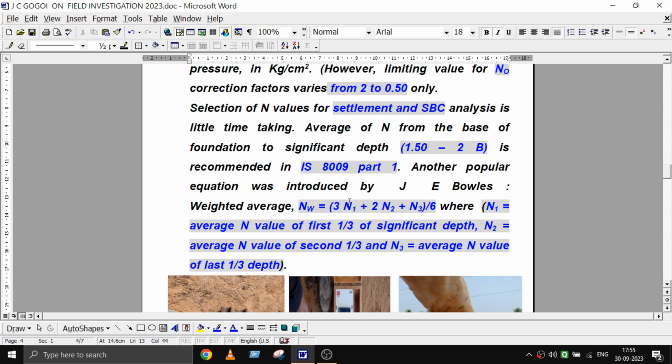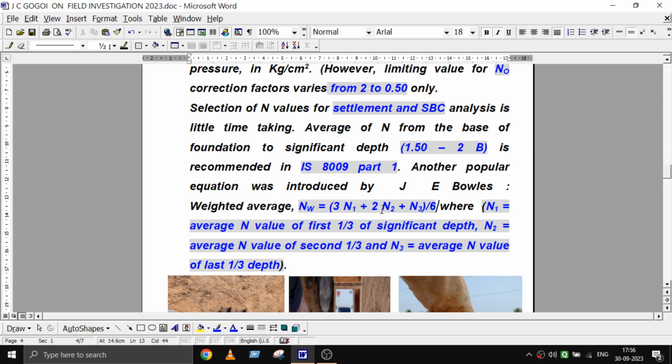There will be no loss of sense in stress distribution up to one third below, and from one third to two third below base level, there will be 50% reduction of stress, and in this portion, 1B to 1.5B, it will be very nominally loaded.